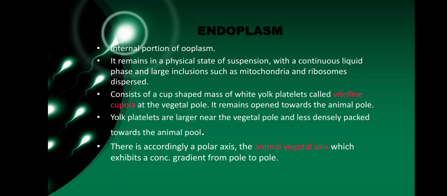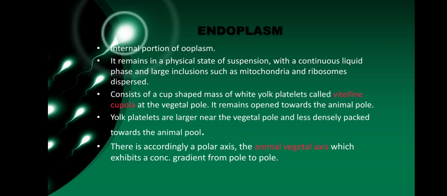So let's now move on to endoplasm, the inner layer. The internal portion of the ooplasm is called endoplasm, and it remains in a physical state of suspension with a continuous liquid phase and large inclusions such as mitochondria and ribosomes dispersed in it. It consists of a cup-shaped mass of white yolk platelets called vitelline cupola at the vegetal pole, and it remains open towards the animal pole.